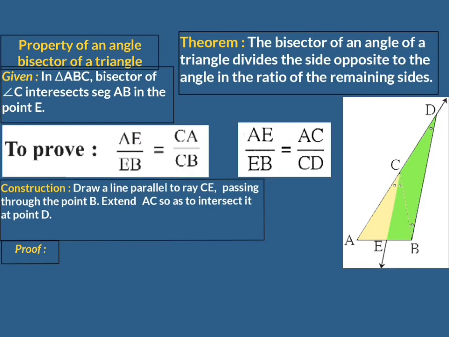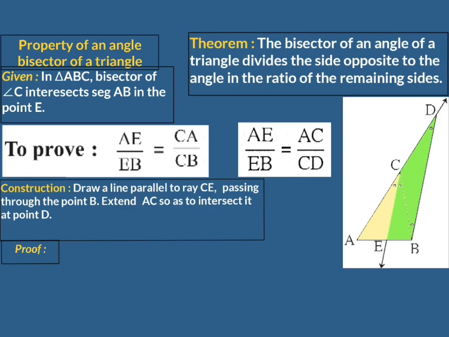Now observe these two statements. The first one is what to prove, and the second one is what we got by using BPT. Can you guess any difference between these two statements? Have a look. The left hand side of to prove is AE upon EB, and here also the left hand side is AE upon EB.